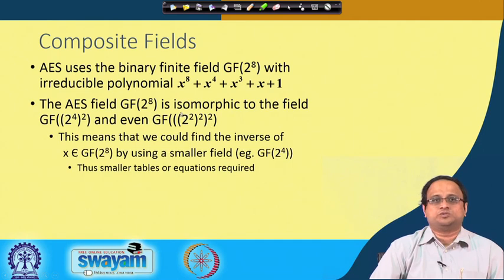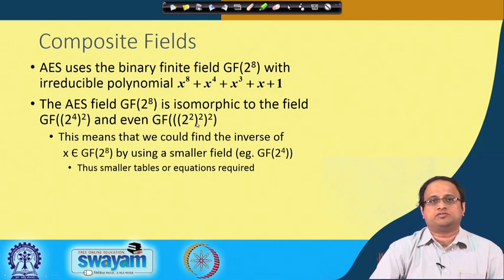Now we will use the principle that GF(2^8) can alternatively be represented by a composite field structure, which is GF((2^4)^2), or you can break down GF(2^4) further and also have fields like GF(((2^2)^2)^2).